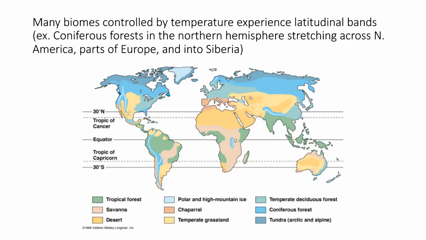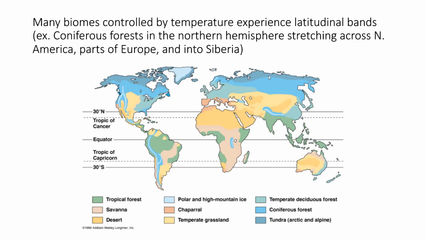And that's because at the same latitude, going across, we're typically going to see similar temperatures, with the exception of a mountain location. In that case, the temperature is usually going to be less than a similar latitude. But if two locations have the same latitude and similar elevation, we're going to see similar temperatures. And again, that's why we see the coniferous forest stretching across the top part.